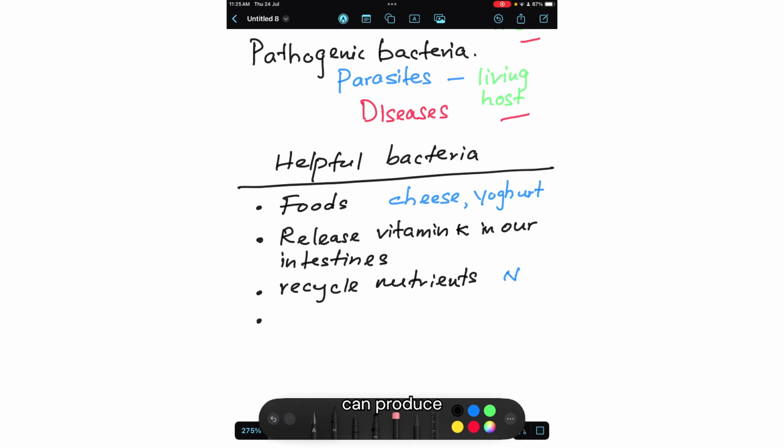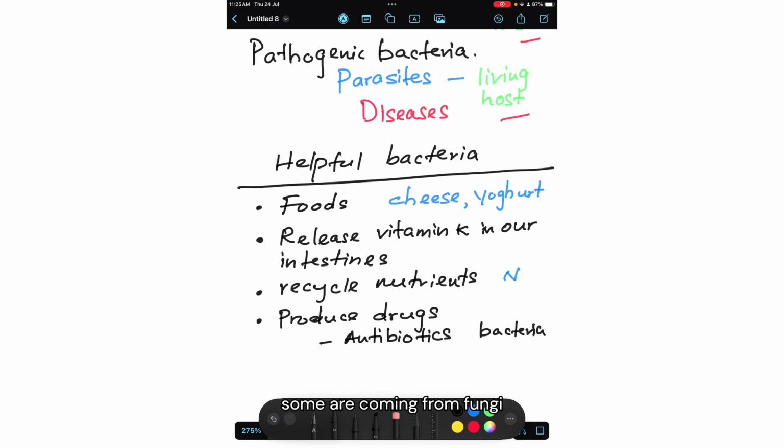They can produce drugs. Some antibiotics come from bacteria. Some come from fungi.